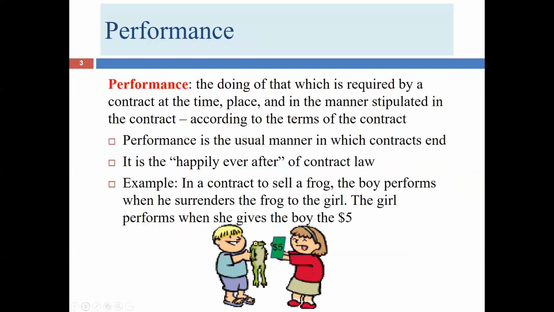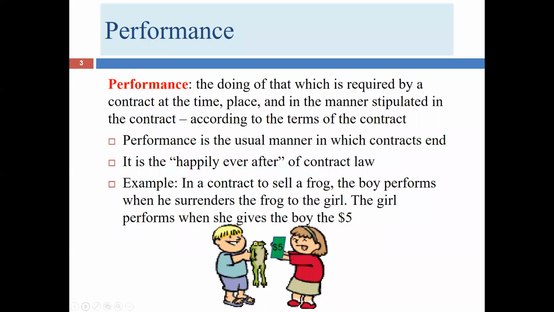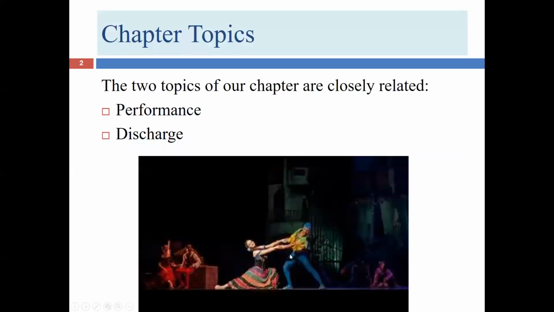Here we go. Let's first of all define our first term, performance. When I think of performance, I probably think of something like this. But that's not really what we're talking about in performance, although it certainly can be. I mean, these two actors, and also I guess these two actors and this actor, are probably under the terms of some kind of contract.